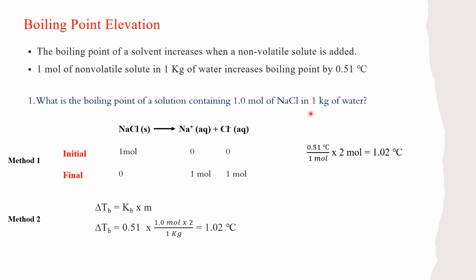This is 1 kilogram of water. After you solve this, the boiling point elevation is 1.02 degrees Celsius. The pure water boiling point is 100 degrees Celsius, so the elevation is 1.02. Now the boiling point after we dissolve NaCl is 101.02 degrees Celsius.